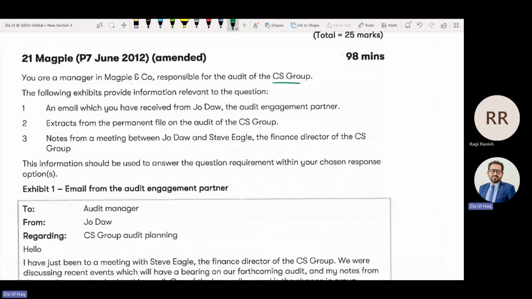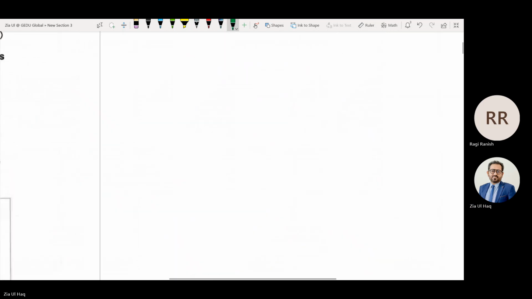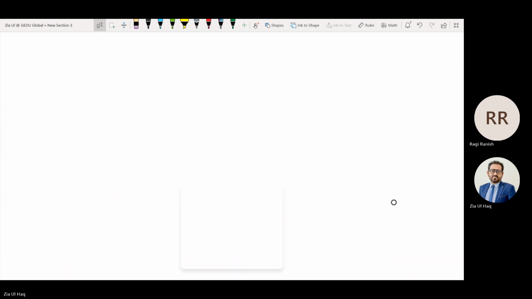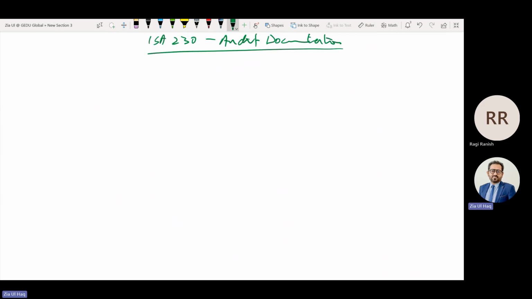Permanent audit file. What is a permanent audit file? As per ISA 230, audit documentation, the auditor needs to document everything he is performing on a client.